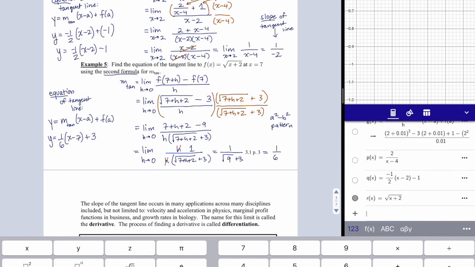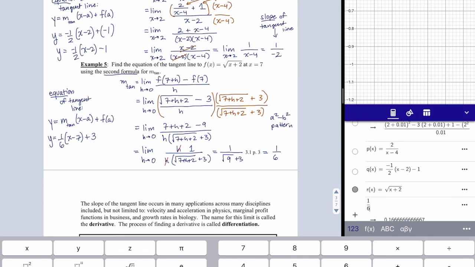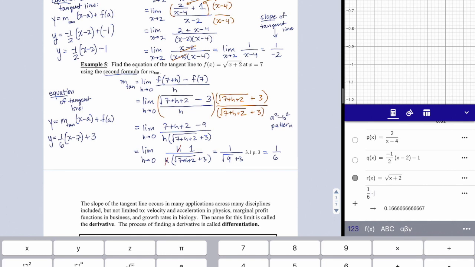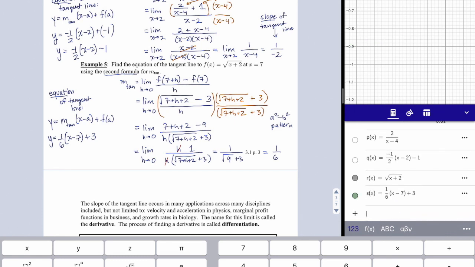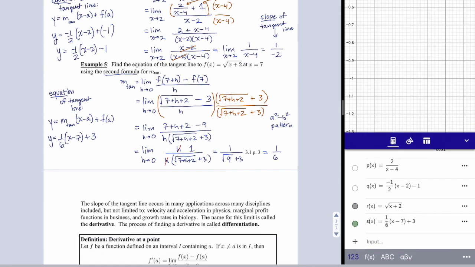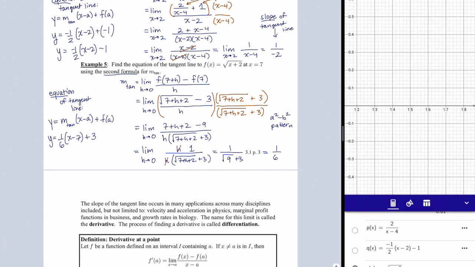And the tangent line we computed was 1/6 times x minus 7 plus f of 7, which we computed to be 3. So we've got the square root function that was shifted to the left. So let's go find that up here.